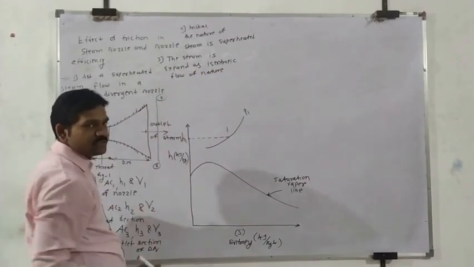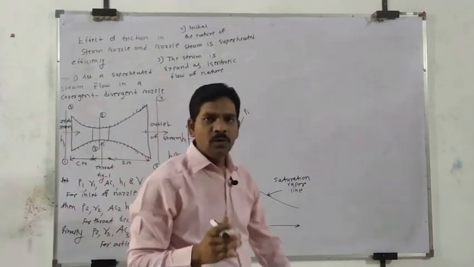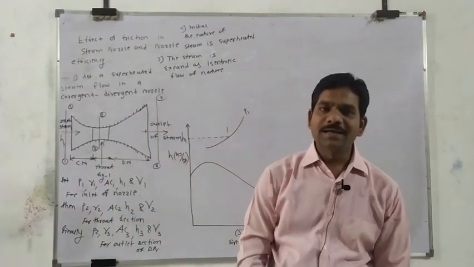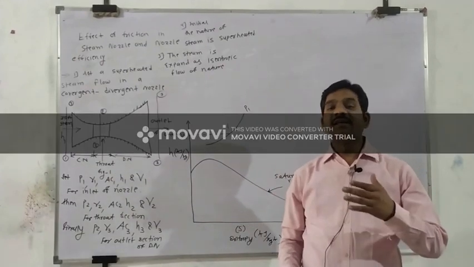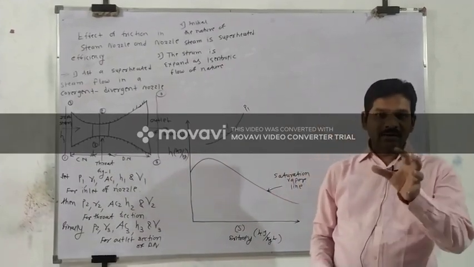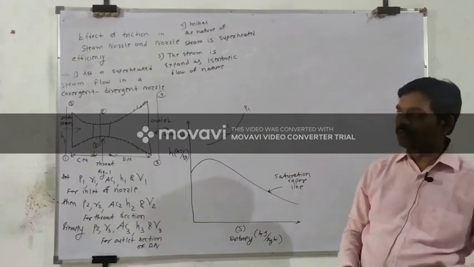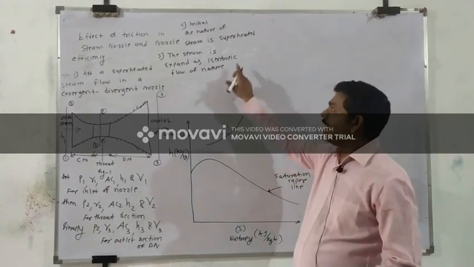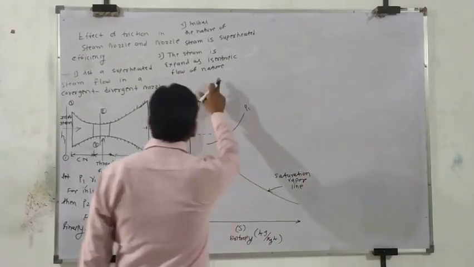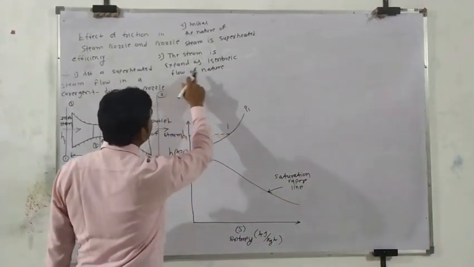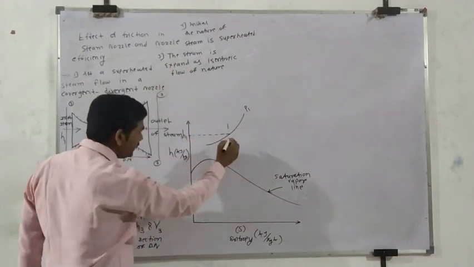What type of flow is considered there? Isentropic flow. So what is the definition of isentropic flow? The nozzle does not exchange any heat with the surroundings or absorb any heat from the surroundings. This is the meaning of isentropic flow. Okay guys. So isentropic expansion, expanding as isentropic flow in nature.